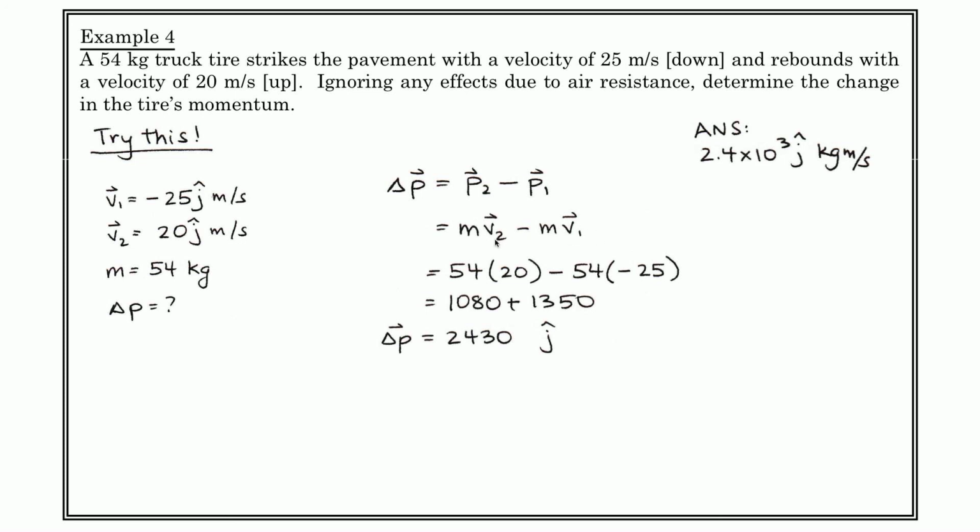But of course, that's simply V2 minus V1, times 54. So the change in velocity in this case is 45 meters per second, up, because 20 minus negative 25 would be up 45 meters per second, and that times 54 is 2,430 in the j hat direction. So that's the change in momentum.